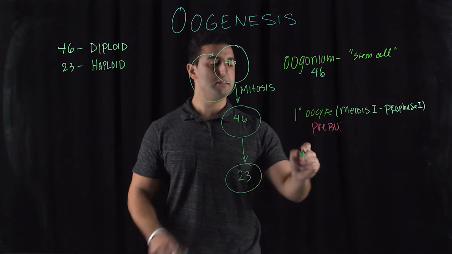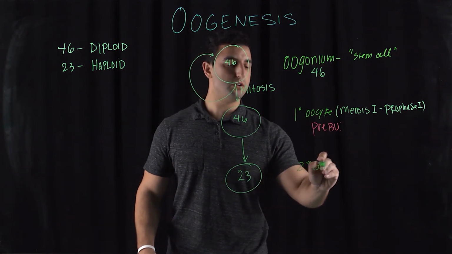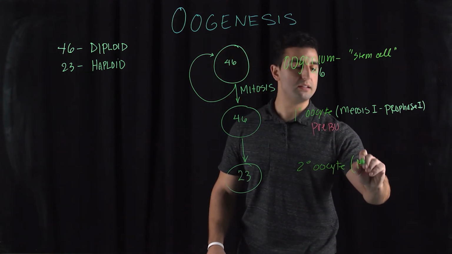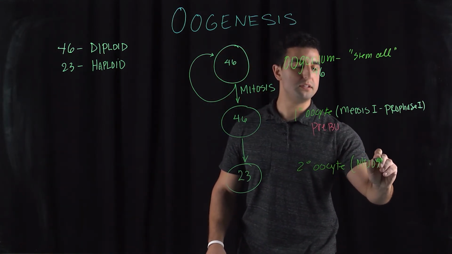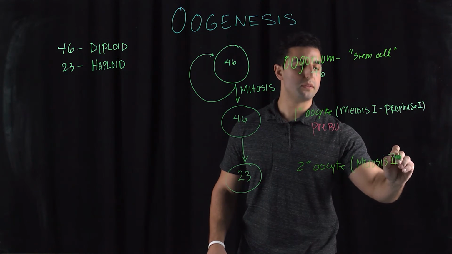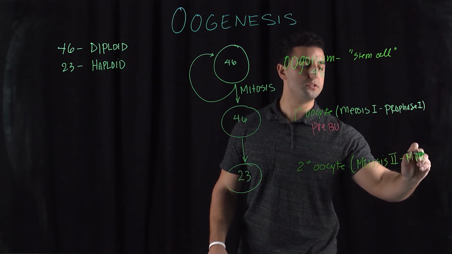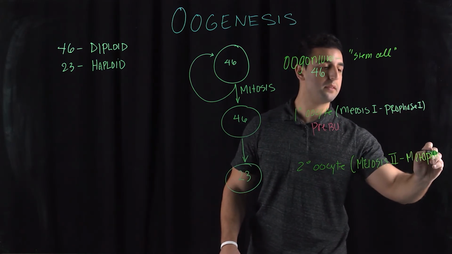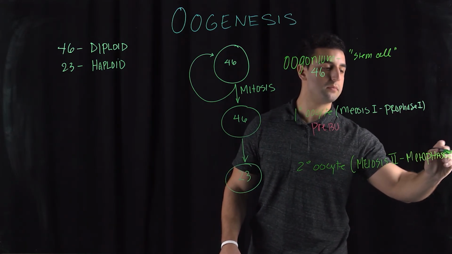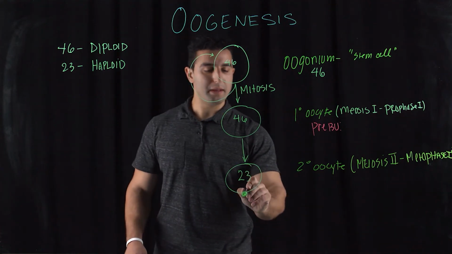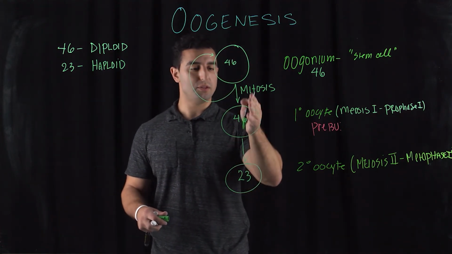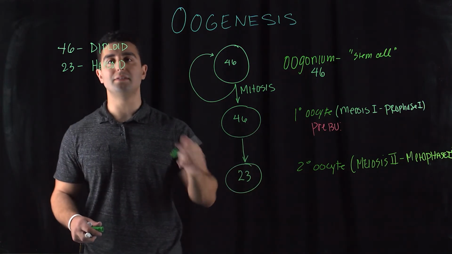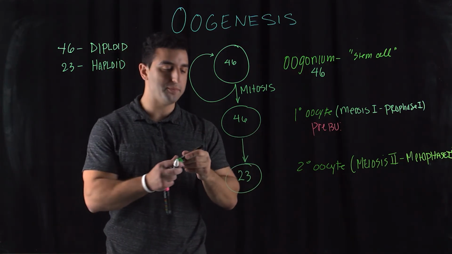Now we have the secondary oocyte here that is present, that is arrested in meiosis 2, metaphase 2. So all of the chromosomes are being lined up during this phase. And it remains there. If you notice here, through that division, now you have half the amount of chromosomes. Now this is referred to as a haploid.